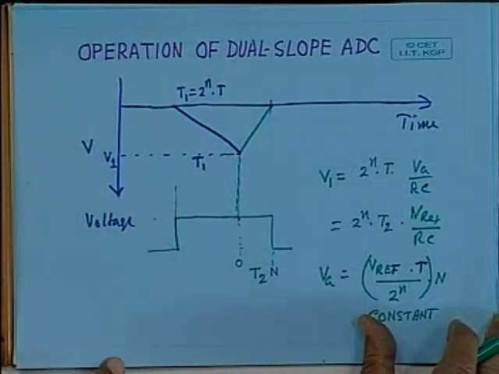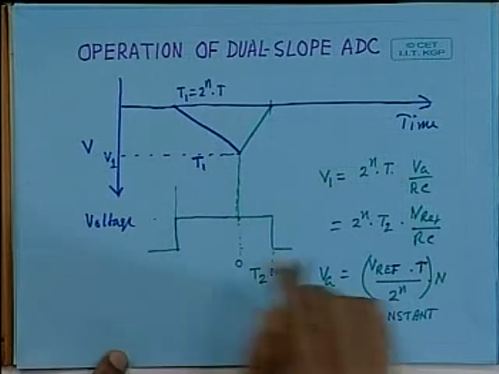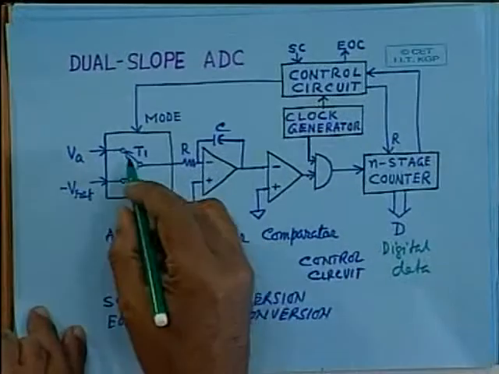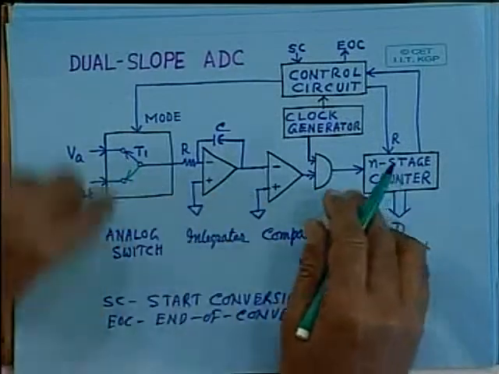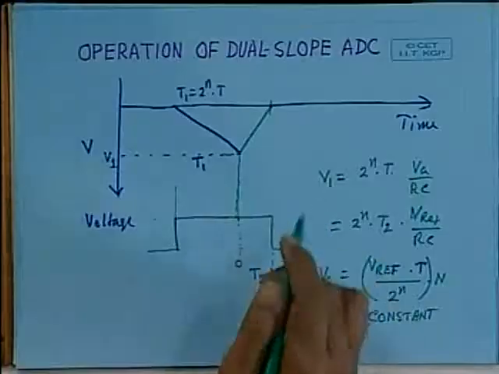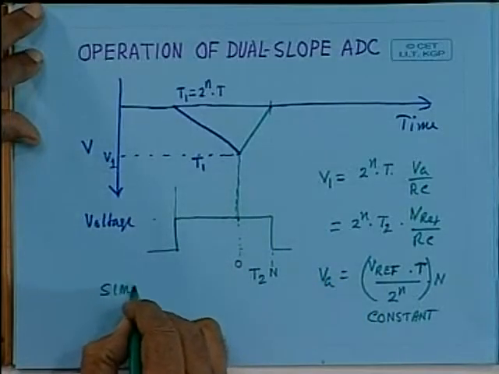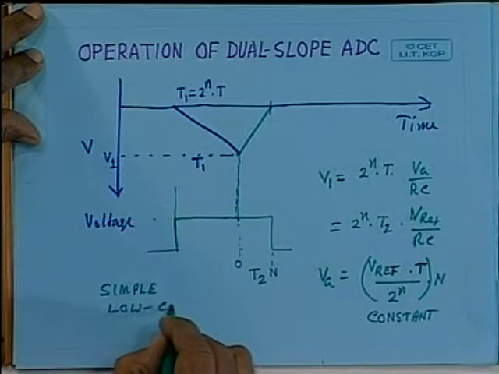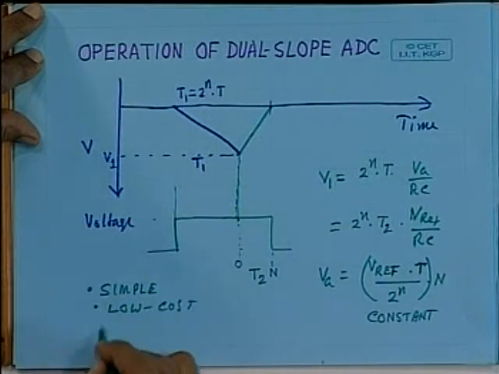So we have seen that a dual slope integrator produces a digital data which is proportional to the analog voltage, and this particular analog to digital converter has been found to be very popular because it is simple, low cost, but there is a very important parameter which is known as conversion time.